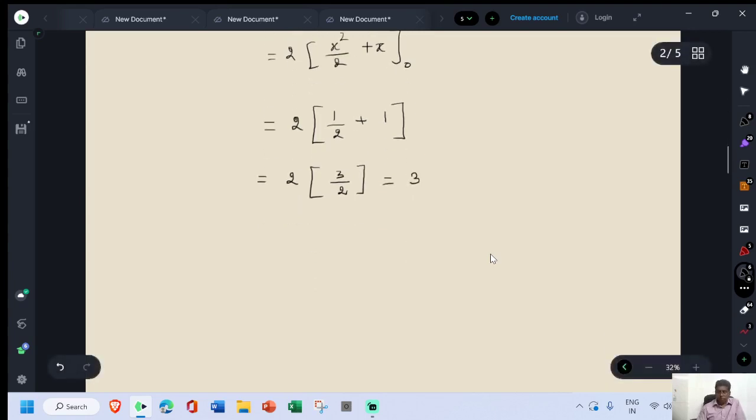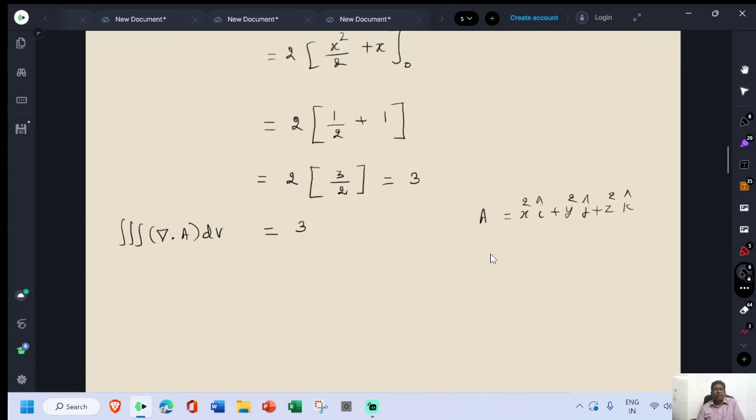Therefore, triple integral of del dot A dv value for the given vector A equal to x square i plus y square j plus z square k equal to 3.